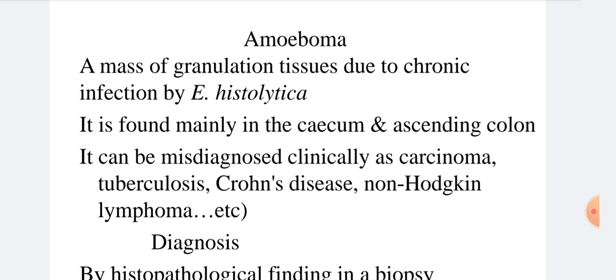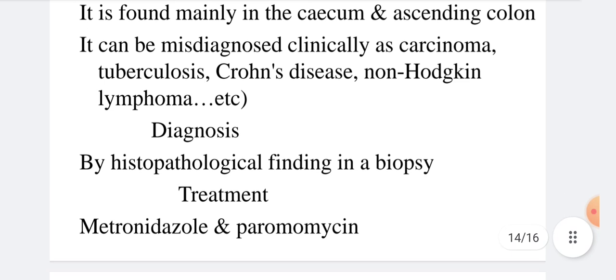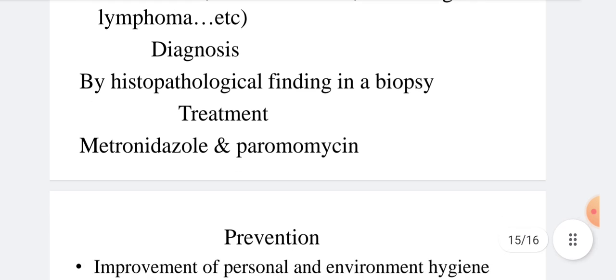It can be misdiagnosed clinically as carcinoma, tuberculosis, Crohn's disease, non-Hodgkin lymphoma, and maybe other masses. Diagnosis by histopathological finding in a biopsy. Treatment by metronidazole to kill the trophozoites and paromomycin to kill the cyst.